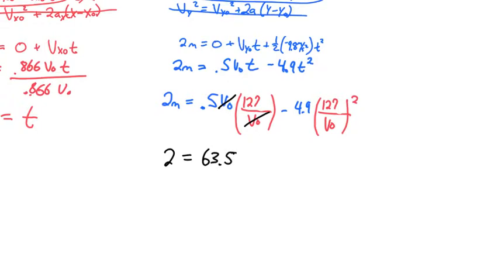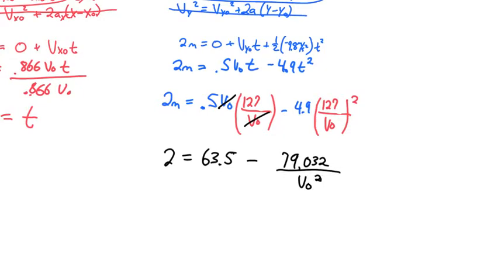And there's no v naughts there. And then minus the 127 squared times the 4.9 is equal to 79,032 divided by v naught squared.